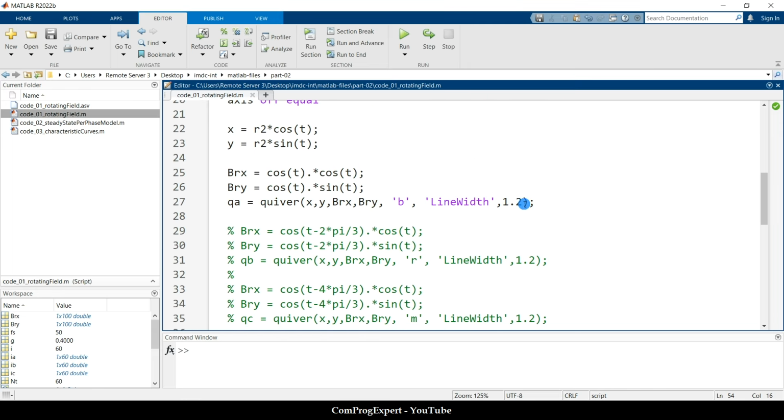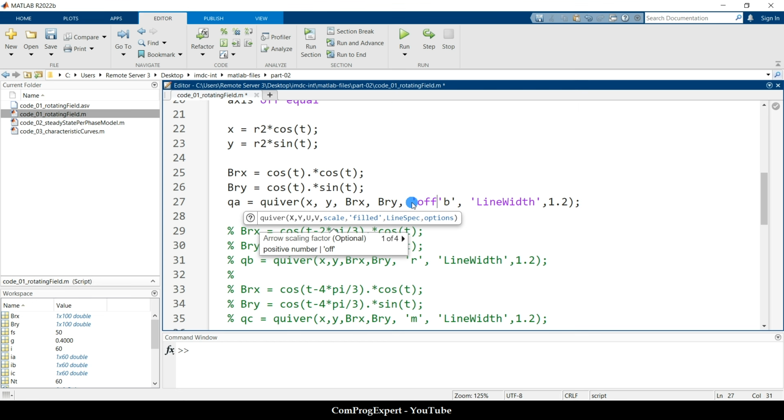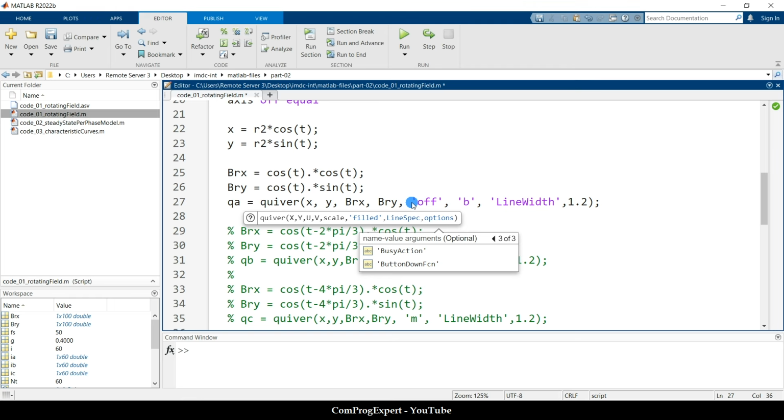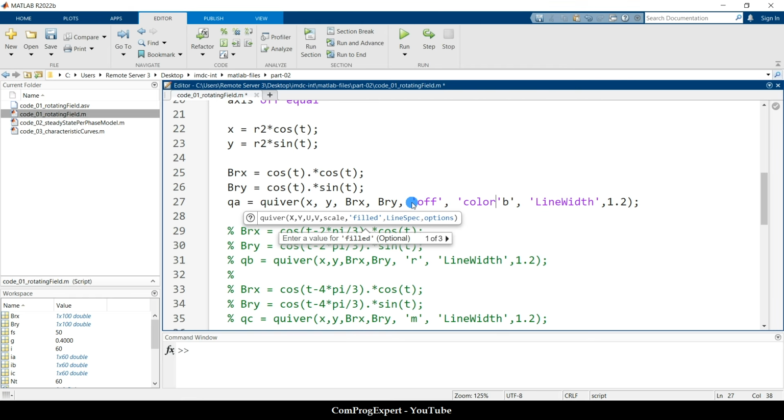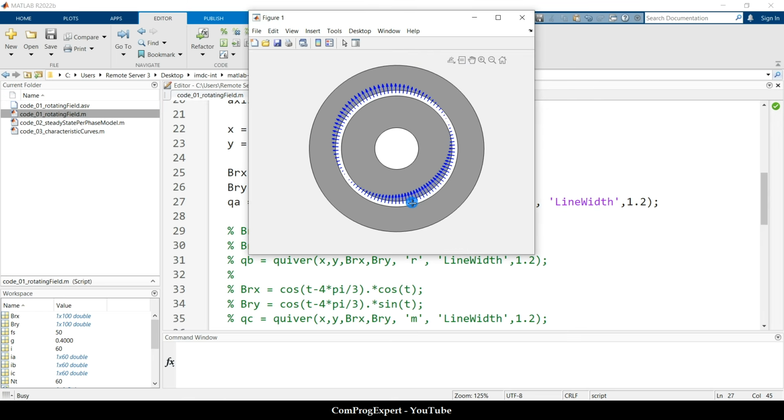When the scaling is on, we cannot visualize the variations well, because MATLAB auto scales the flux density vectors. So here I turn off the flux density amplitudes scaling and set the color equal to blue. So let's run the code again.